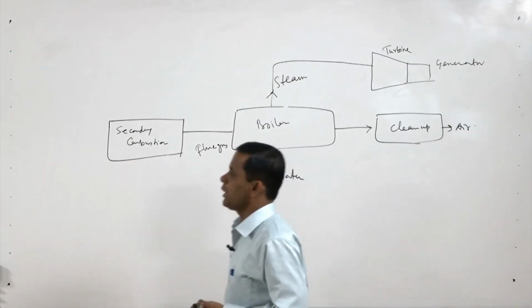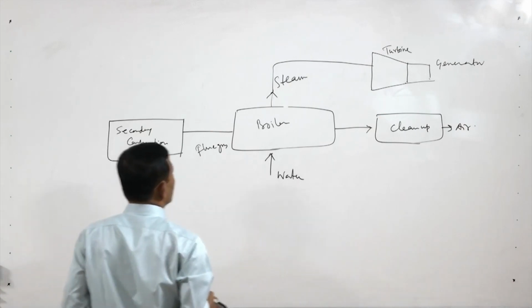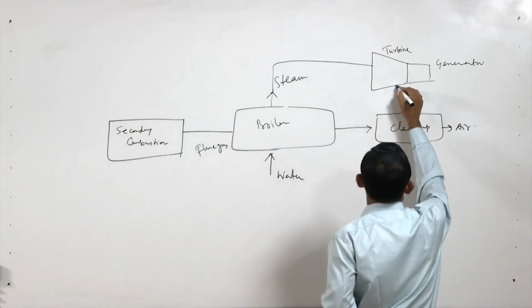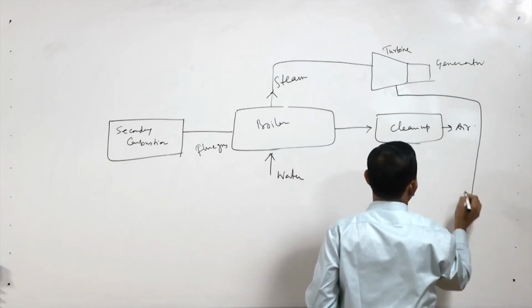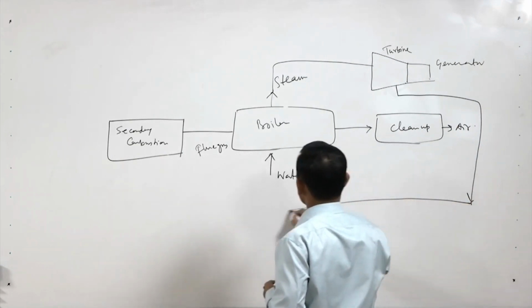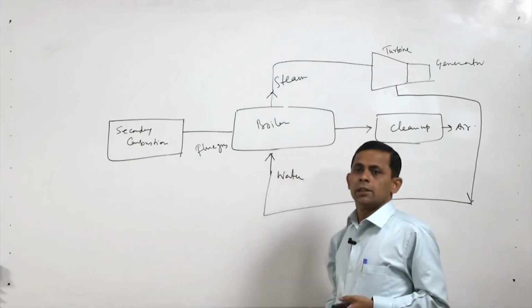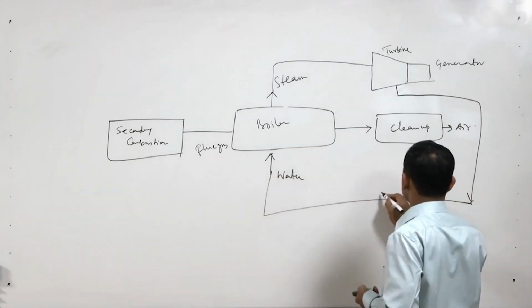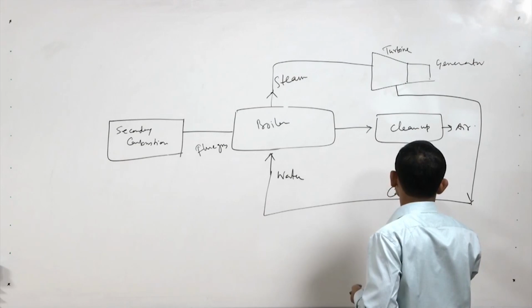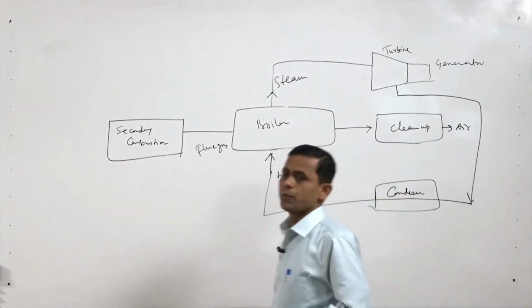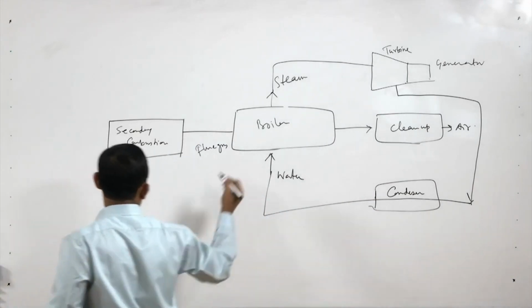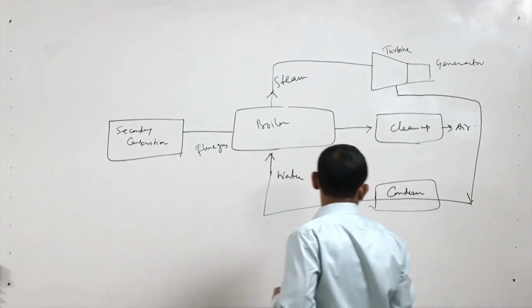So, this is the flow sheet, and when we are getting the steam turbine, its output will be condensed and will be recycled back. So, a condenser will be there and it will give the water for the boiler input.